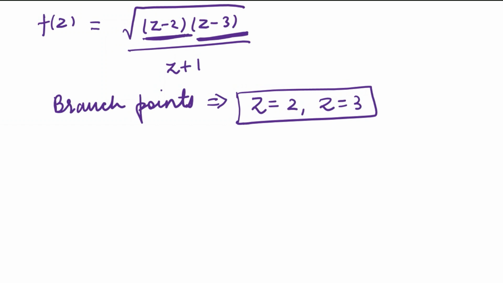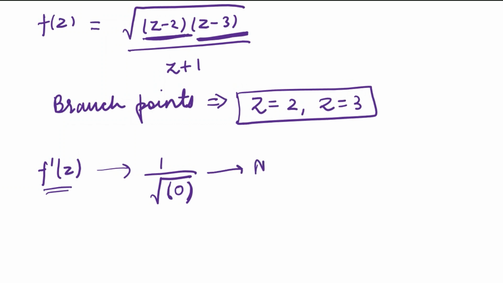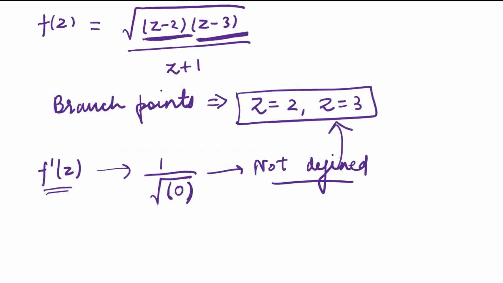But what about the first derivative of f of z? If there is a square root function, then the first derivative is in the form of 1 upon under root of something. So if this value becomes 0, then 1 upon root 0 is not defined. So that is how these are branch points.